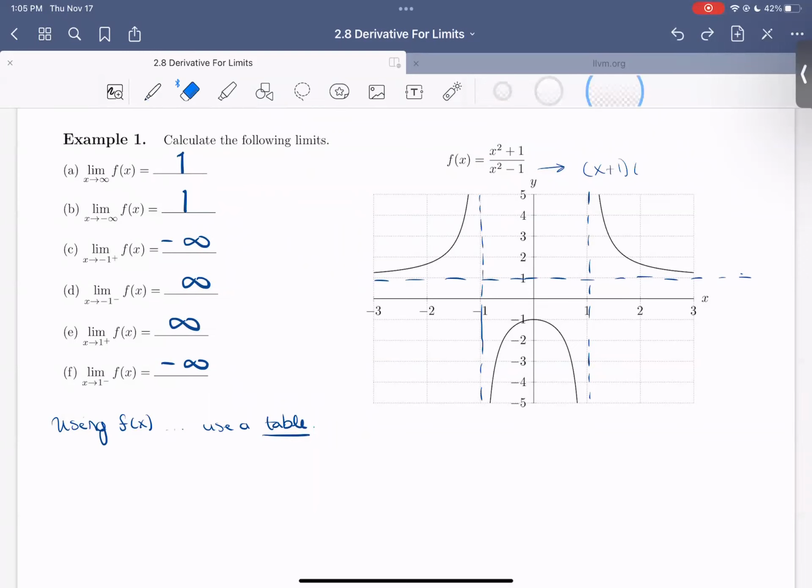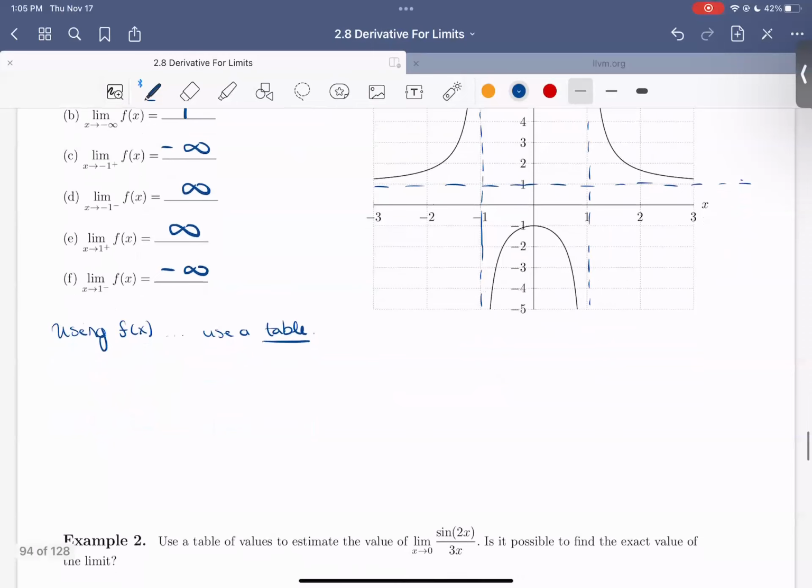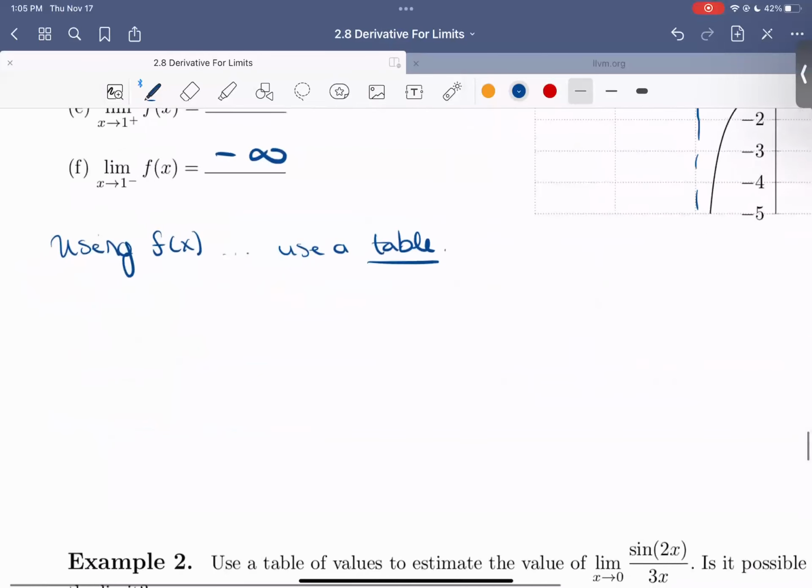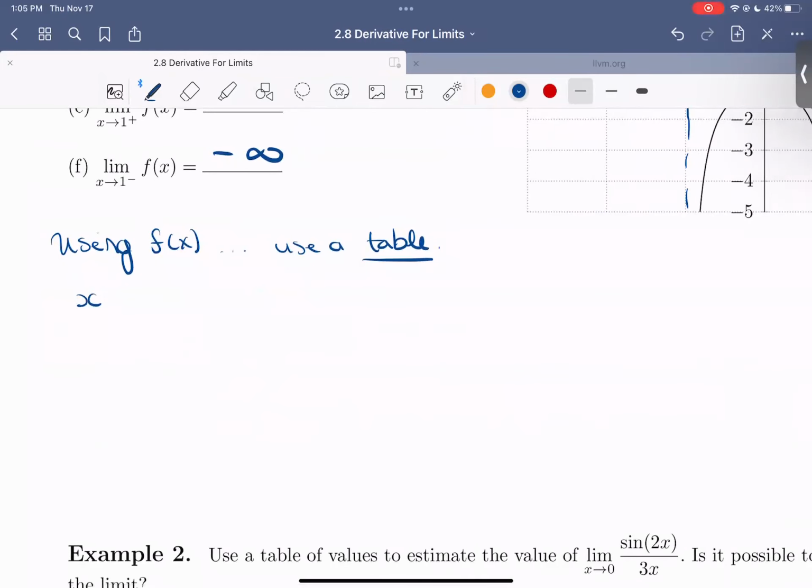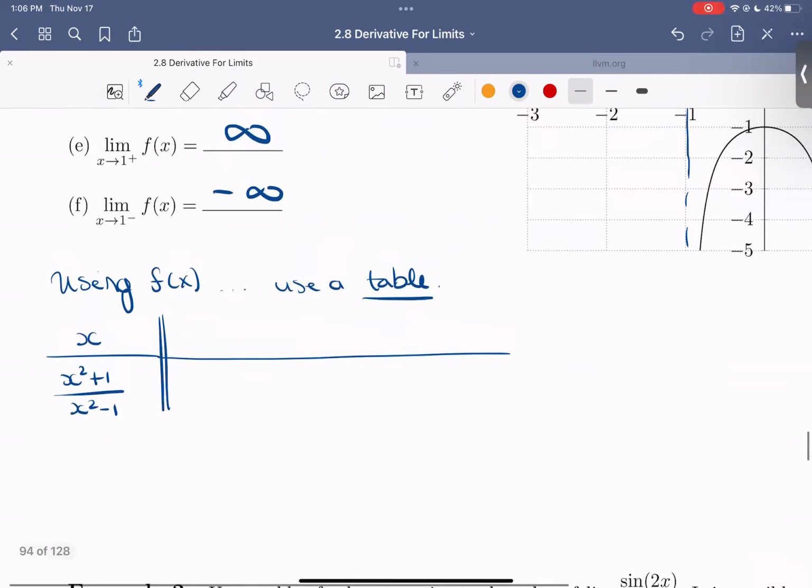Okay, so let's set up a table, and I'll get you started, and I'd like you to finish it on your own. Let's look at x values compared to the output values of f of x, which is x squared plus 1 over x squared minus 1. In this table, we're going to look at certain values of x and then see what happens in the output.